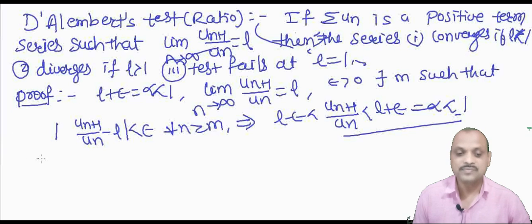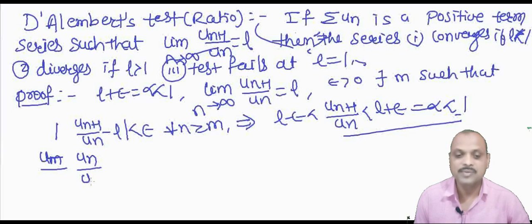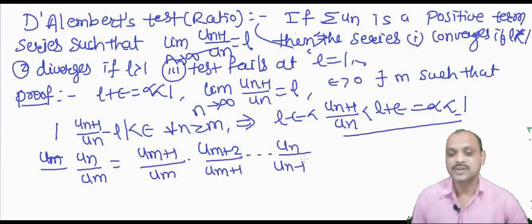Now let us calculate u_n divided by u_m, and you can see that we write this as u_(m+1) divided by u_m into u_(m+2) divided by u_(m+1) and so on up to u_n divided by u_(n-1).